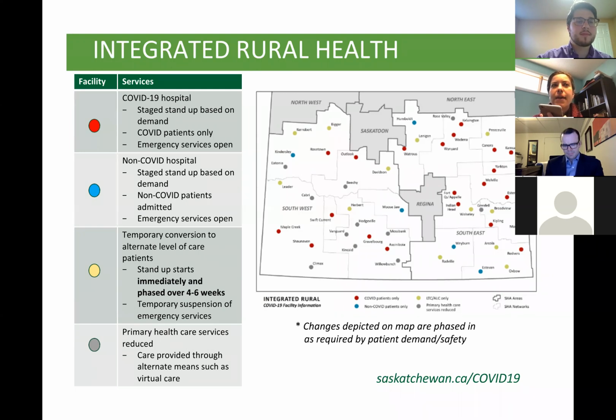So if there's a way that we can be connecting through volunteers, perhaps, to be supporting people who are socially isolated and do require a bit of help to support activities of daily living, such as doing grocery shopping, for instance, for seniors who may be isolated and at risk if they were to go out and have to do those things in the community themselves.